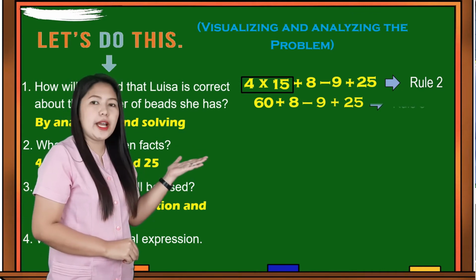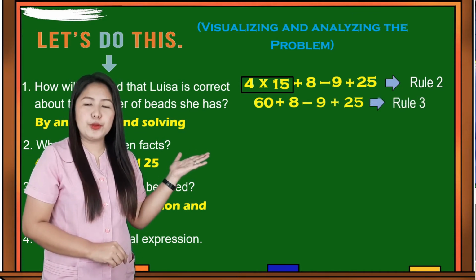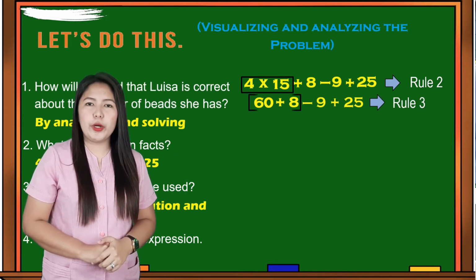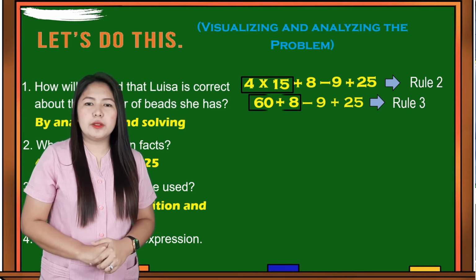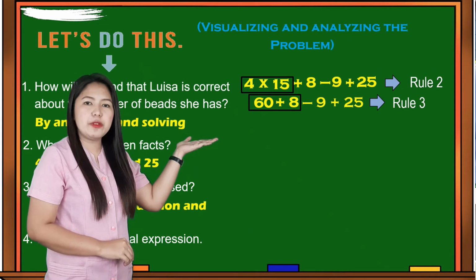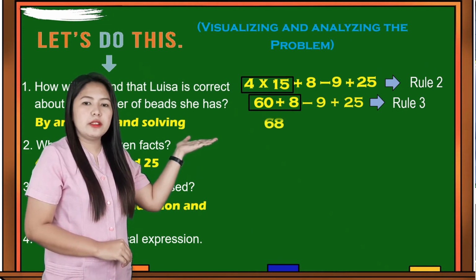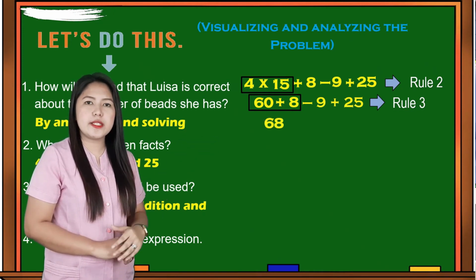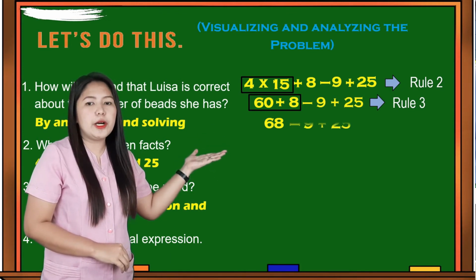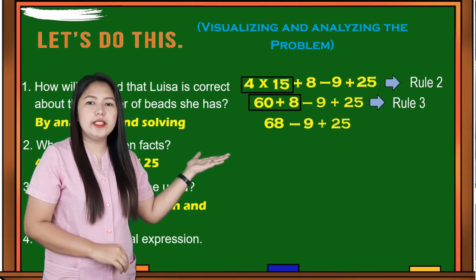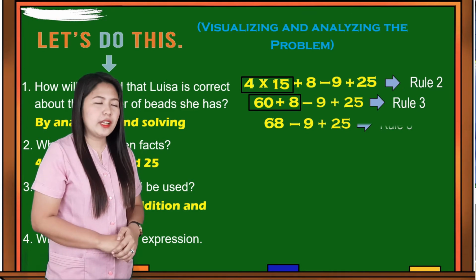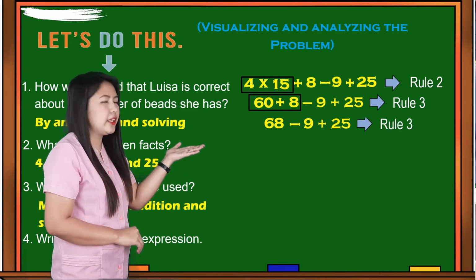So, puproceed tayo sa rule number 2 na kung saan mayroong multiplication or division. So, una nating isa-solve ay ang 4 times 15 equals 60. Then, bring down plus 8 minus 9 plus 25. Ngayon, ano nakikita niyong rule na pwede nating i-apply?